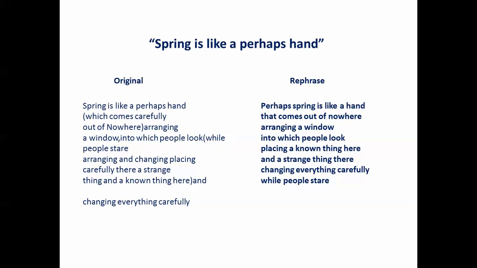Perhaps spring is like a hand that comes out of nowhere, arranging a window into which people look, placing a known thing here and a strange thing there, changing everything carefully while people stare. Makes more grammatical sense when we arrange the words that way, doesn't it?